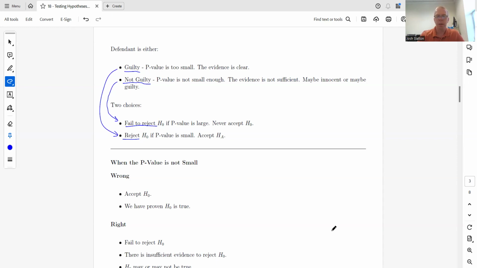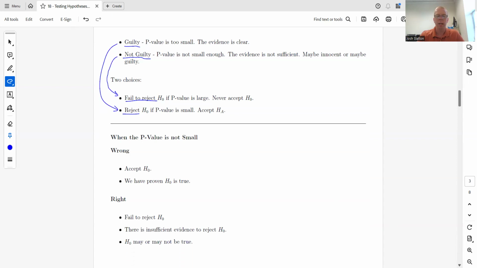When the p-value is not small, it is wrong to say we have accepted the null hypothesis. You never say that, and you never say the null hypothesis is true. What you do say is you fail to reject the null hypothesis. You say there is insufficient evidence to reject. The null hypothesis may or may not be true. All right, so that's the mechanics.